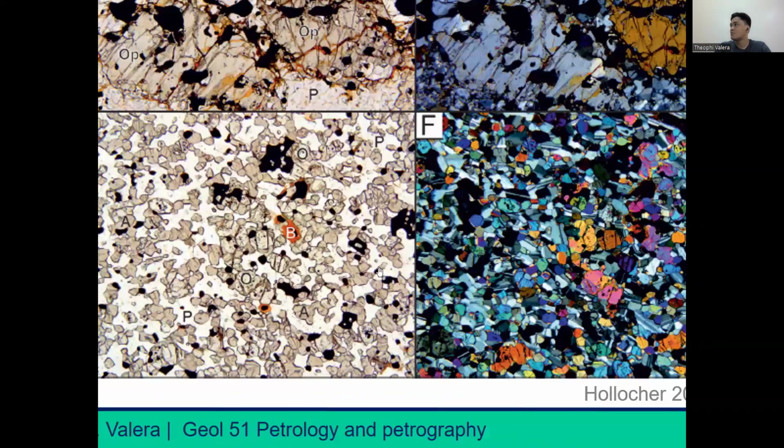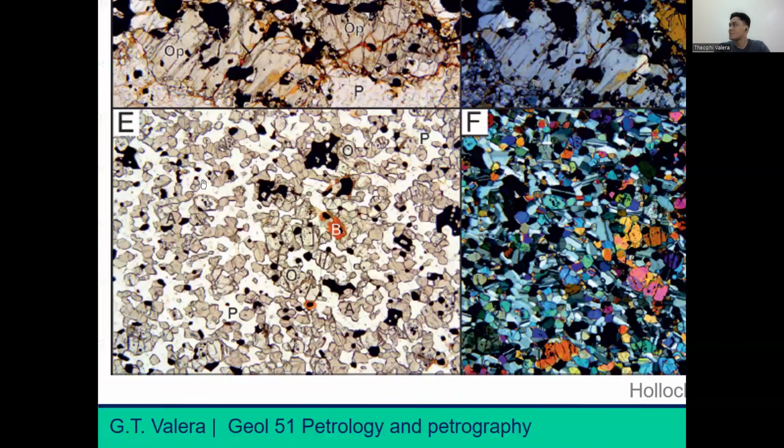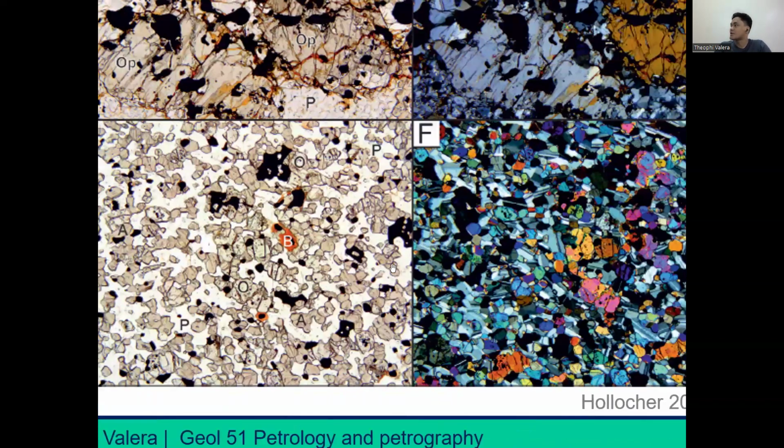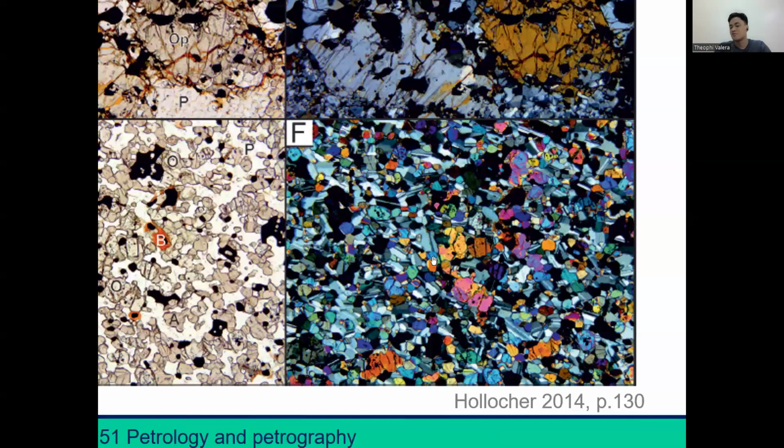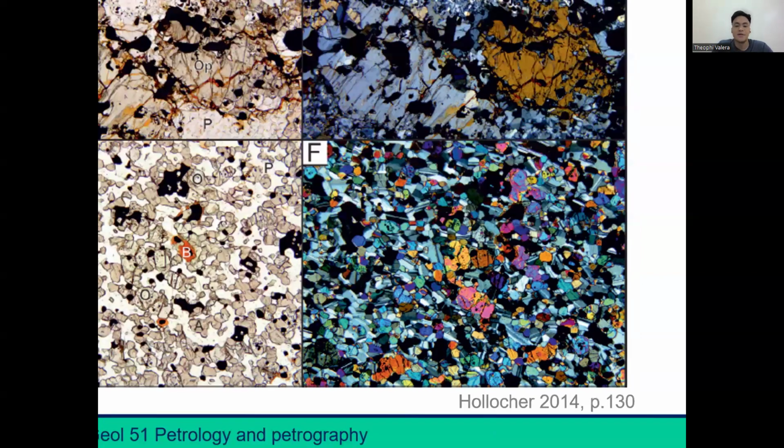So basically, it's a diabase, right? If just looking at the mineralogy, you would think this is a gabbro, but actually, based on the texture, as you can see, and of course, based on field appearance or field occurrence, this is actually a granulite facies metamafic. Okay, yeah.